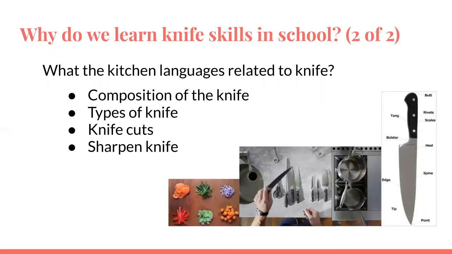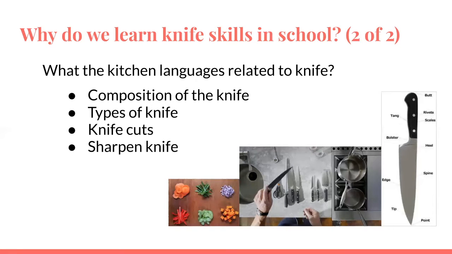So, what is the kitchen language related to knife skill? This lists also the agenda of this flipped classroom. They are composition of knife and type of knife, traditional knife cut, and knife sharpening.